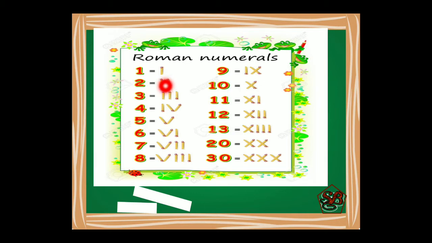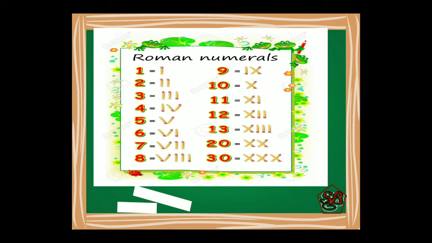That is, either we add them or we subtract them. 1 is I, 2 is represented with 2 I's, 3 is represented with 3 I's, 4 is I and V, 5 is V, 6 is V and I, 7 is VII, 8 is VIII, 9 is I and X, 10 is X, 11 is XI, 12 is XII, 13 is XIII, 20 is X and X, and 30 is XX and X.